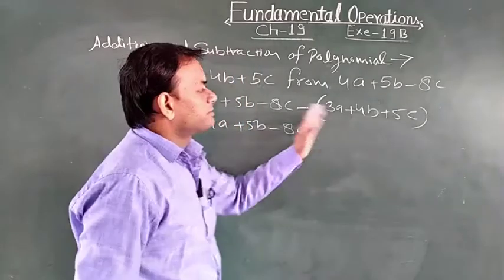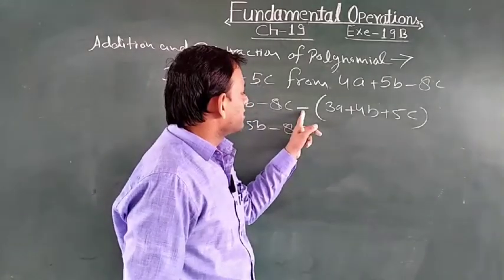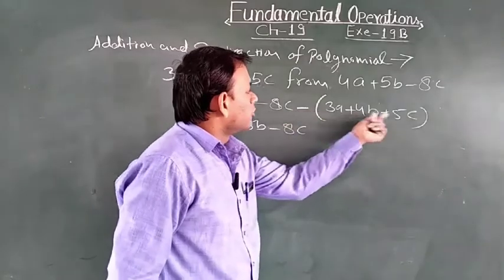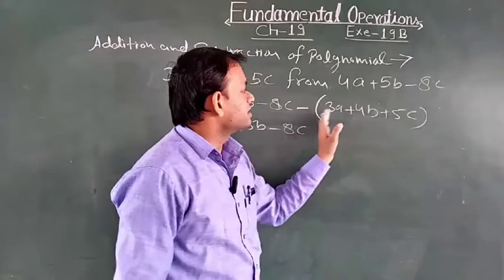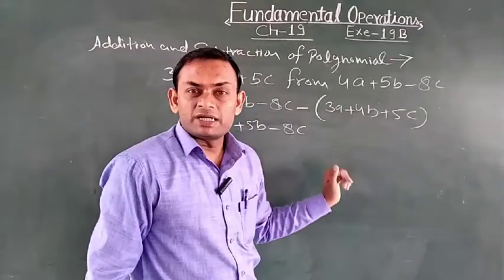Now when we open the bracket, we will multiply all these signs by this negative sign. This bracket is working just like a multiplication sign.